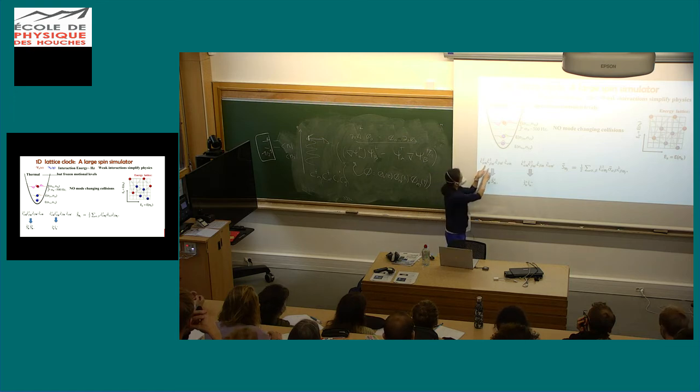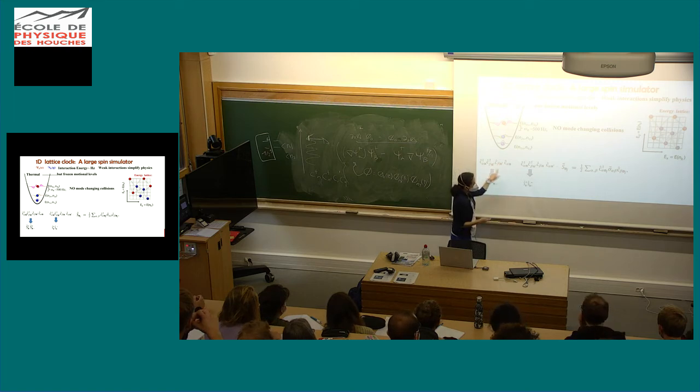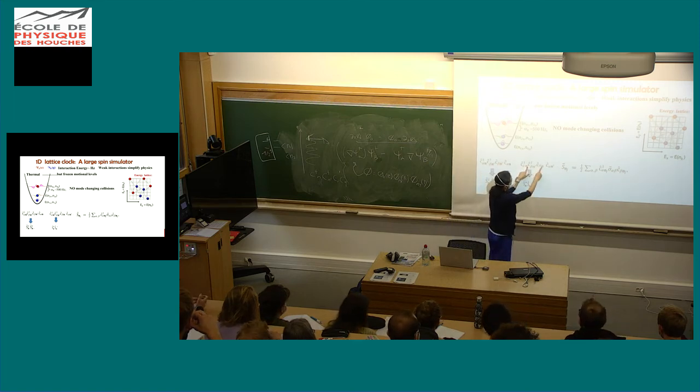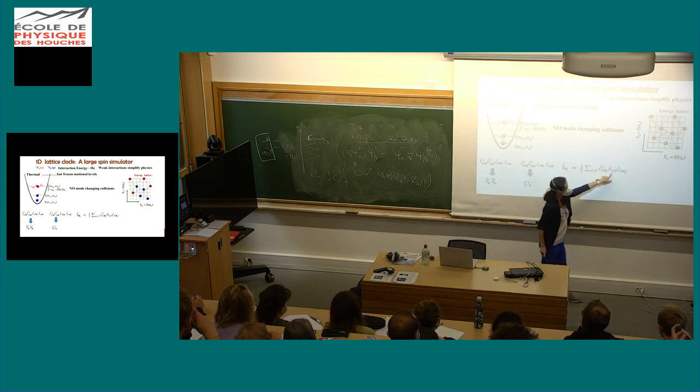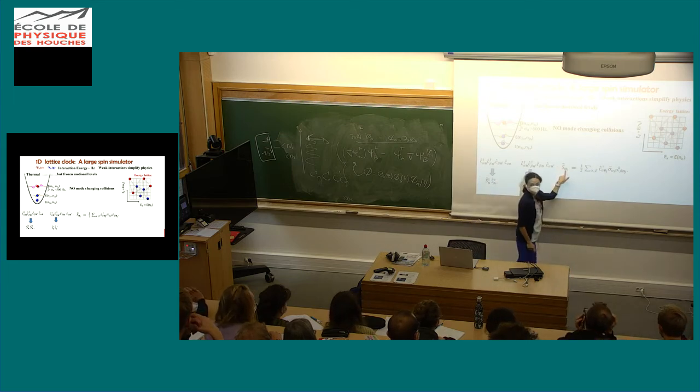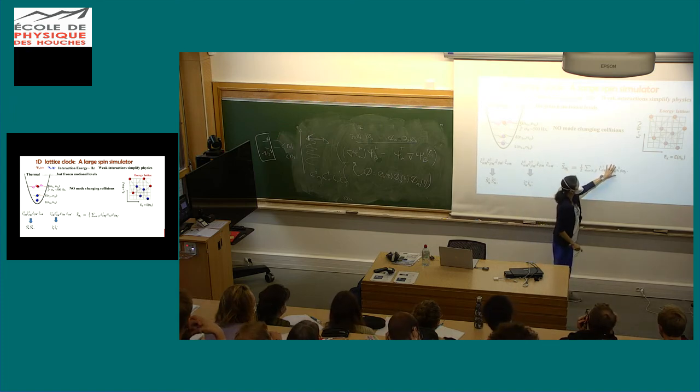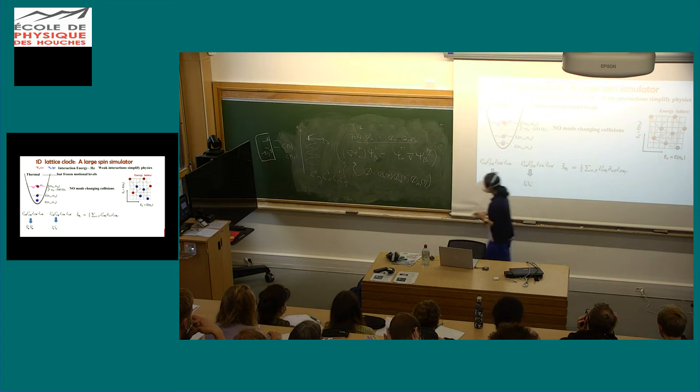So I have, for example, in this case, this term equal to this, and this term equal to this. Or I can have the opposite, this term equal to this, and this term equal to this. Now, I can define, in terms of particle creation and annihilation operators, an effective spin operator. I'm sorry, maybe sometimes the notation is complicated, but let me explain a little bit.